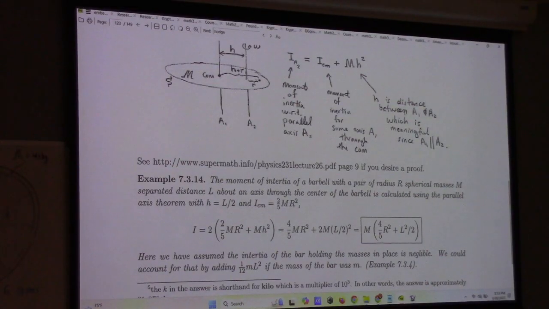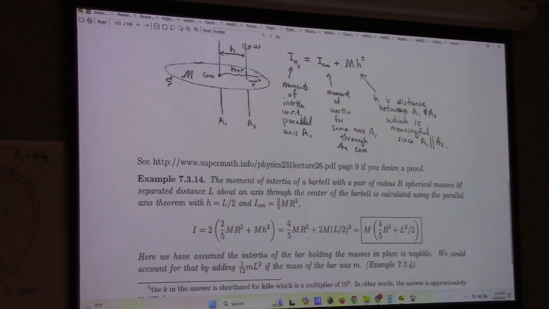So this distance is L, and these are supposed to be spheres. Oh well, I tried. This distance here is r, right? We've got mass m over here. The question is, what's the moment of inertia of this barbell?